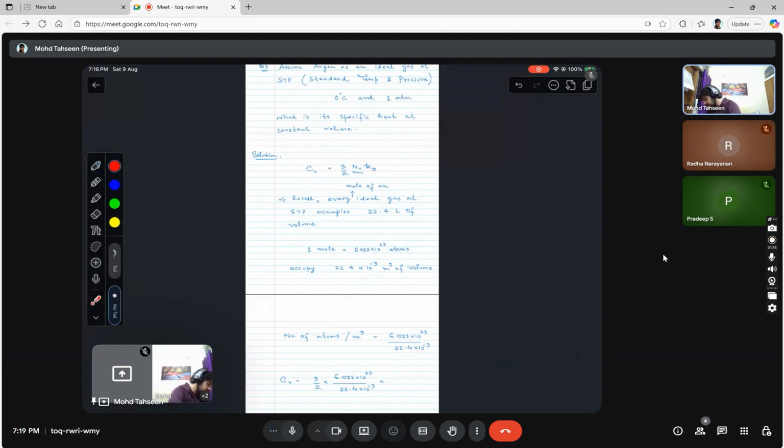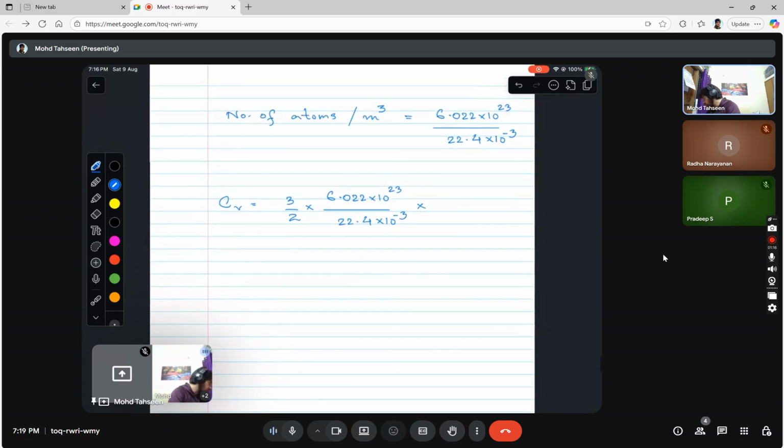The value of Kb is 1.38 times 10 to the power minus 23 in SI units. And if you evaluate it, you will actually get 0.55 times 10 to the power 3, let's say around 550 joules per meter cube Kelvin.